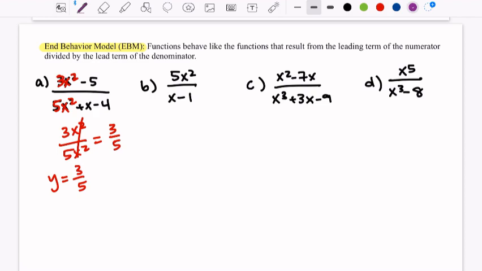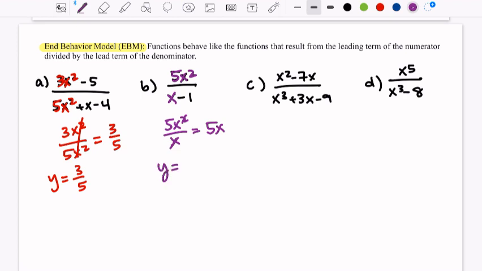What happens if the degree in the numerator is higher than the degree in the denominator? Before, we've always said that we don't have a horizontal asymptote, and that's true. But that introduces a new type of asymptote called a slant asymptote. If I divide 5x squared by x, it cancels an x and acts like 5x.